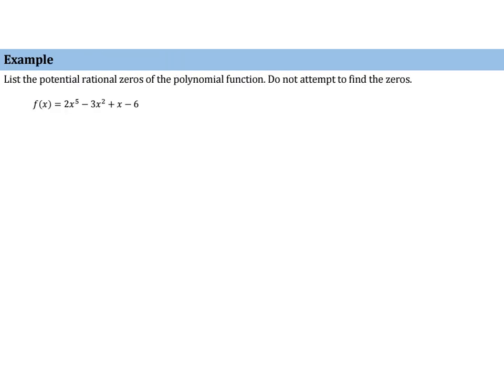So here we go. Let's find the potential rational zeros of the function. So what is our leading coefficient? Our leading coefficient is a sub n, so in this case a sub 5, and our leading coefficient is 2. So we're just looking at this number. What is our constant? Our constant is a sub 0, and that is negative 6.